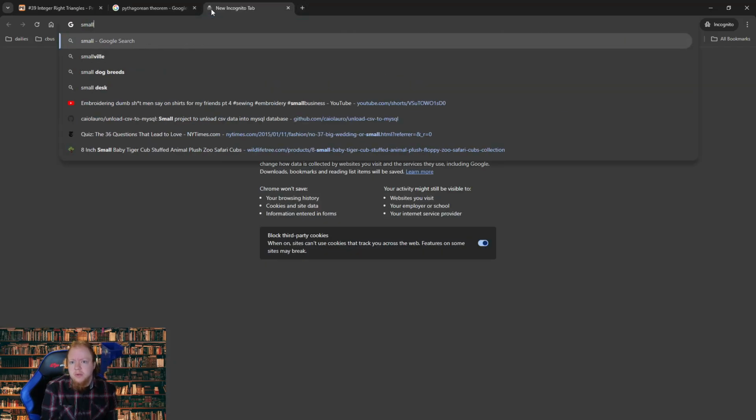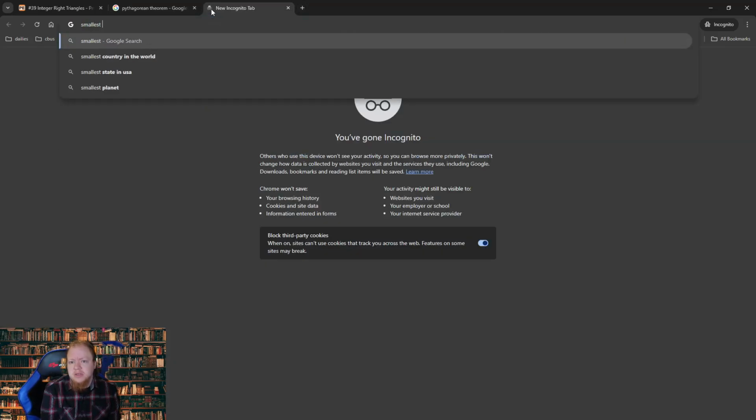I'm just going to Google real quick. What is the smallest integer right triangle perimeter?